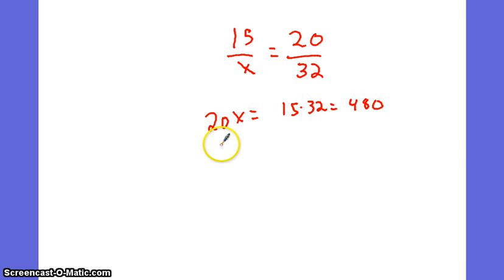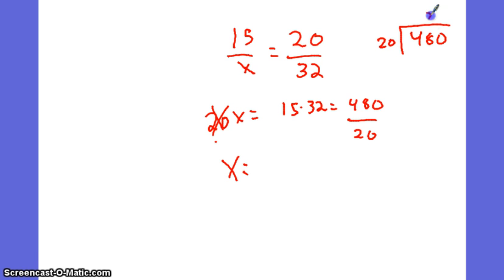So we're going to divide by 20. 480 divided by 20. This tells me what the answer is. So x equals 24.